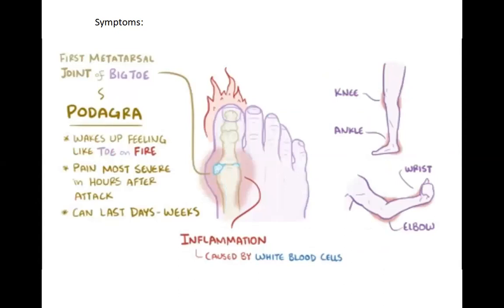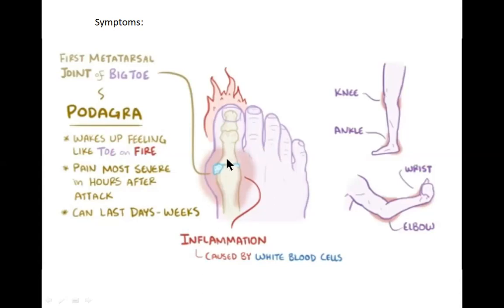Coming to the symptoms of gout: usually the first place where a gouty attack takes place is the first metatarsal joint, that is the big toe of the foot. That is called podagra.